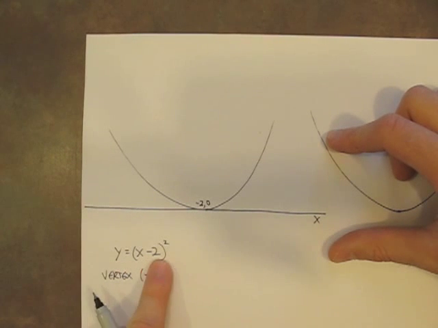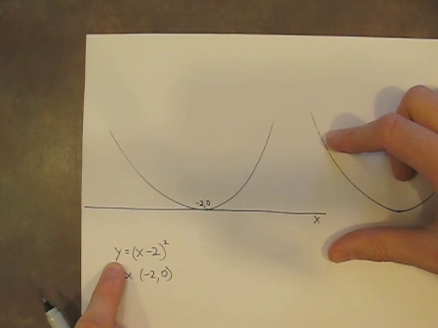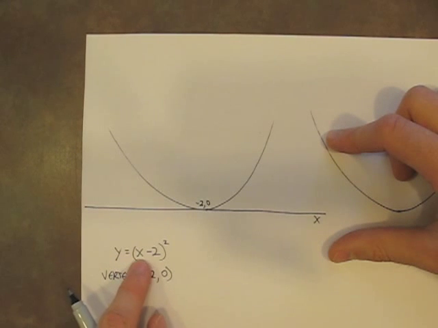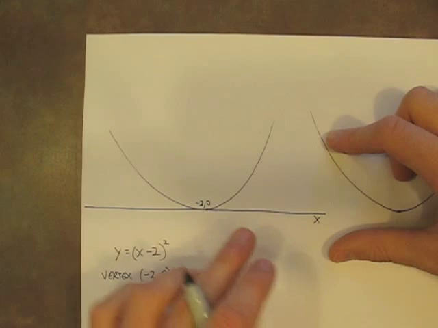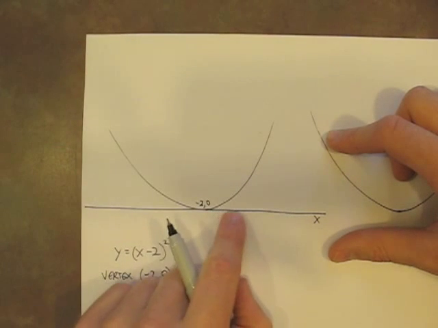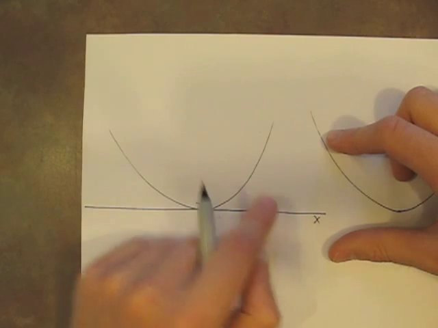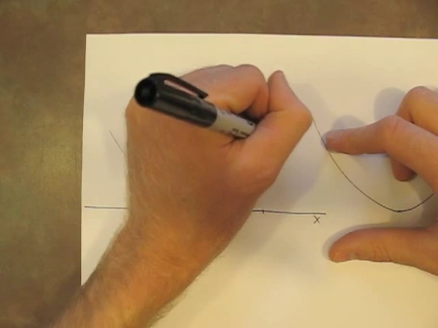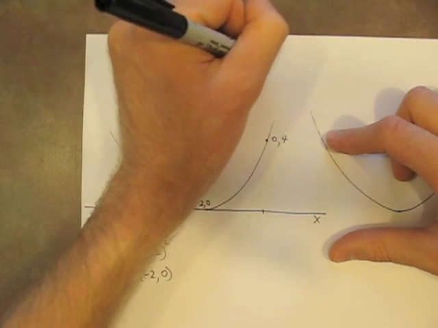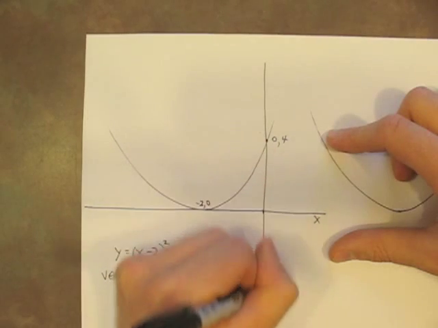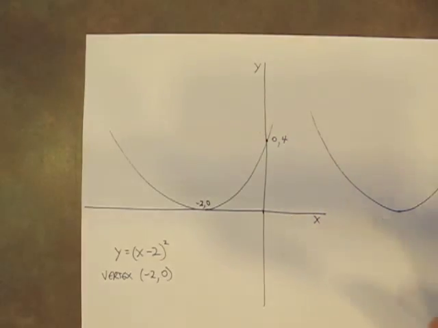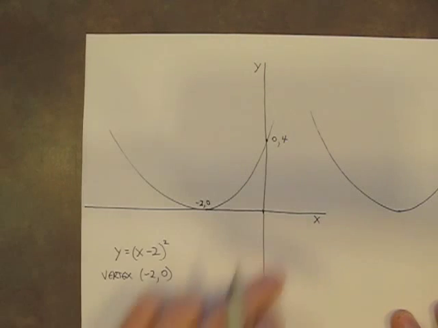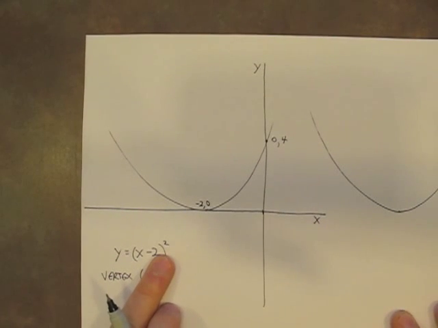If I plug 0, 0 into this, I'm going to get 4, so I'm going to get 0, 4. So I'm looking for a point kind of 1, 2, somewhere out here. 0, 4, and so that's going to be my y-axis. So here's my parabola, y equals x minus 2 squared.